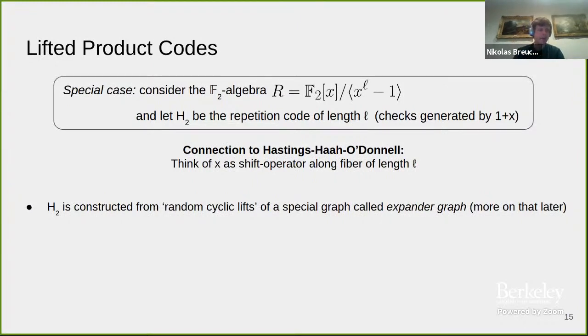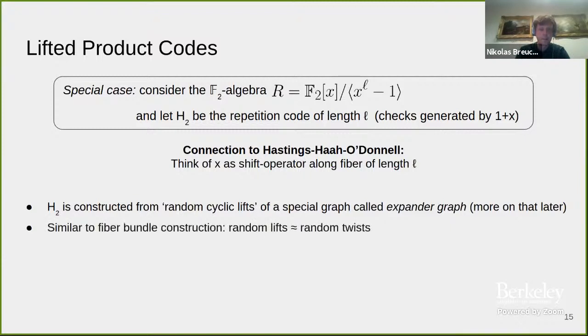There is a fiber, which now is described by this algebra, and again there's a product with another code, which is a random code, and similarly to the fiber bundle construction, we perform random lifts of this base code, and this will give us random twists.